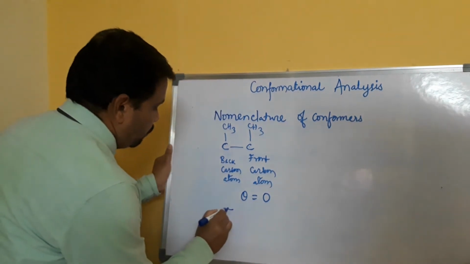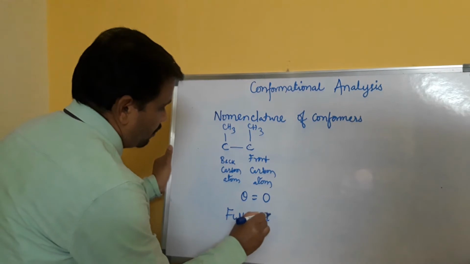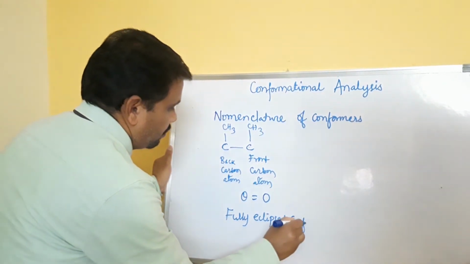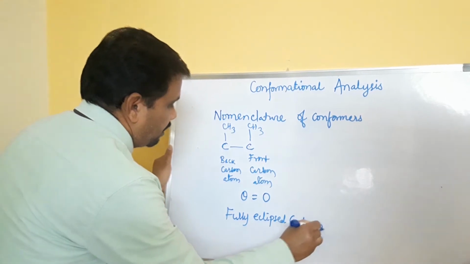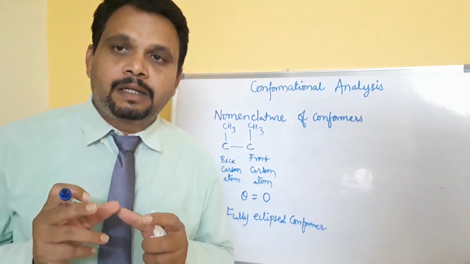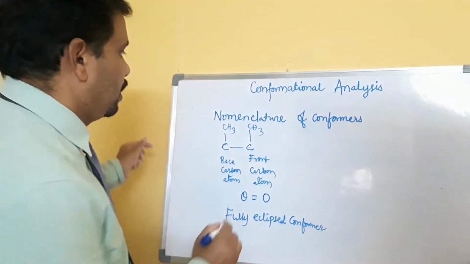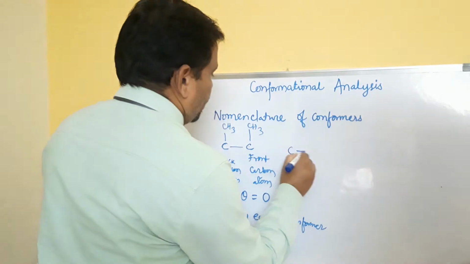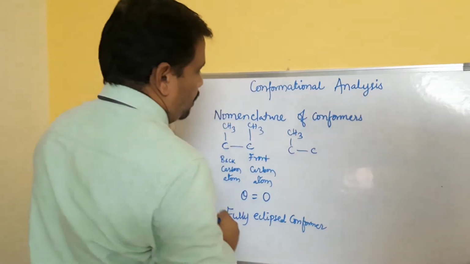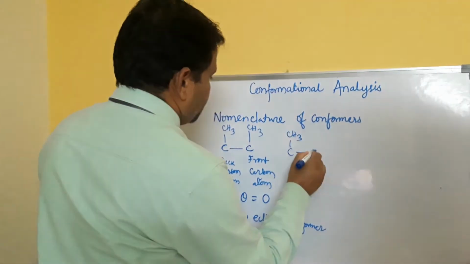Fully eclipsed conformer. Suppose you rotate the C-C single bond by 60 degrees, you will get a structure like this: one carbon atom as it is, and the other rotated by 60 degrees.